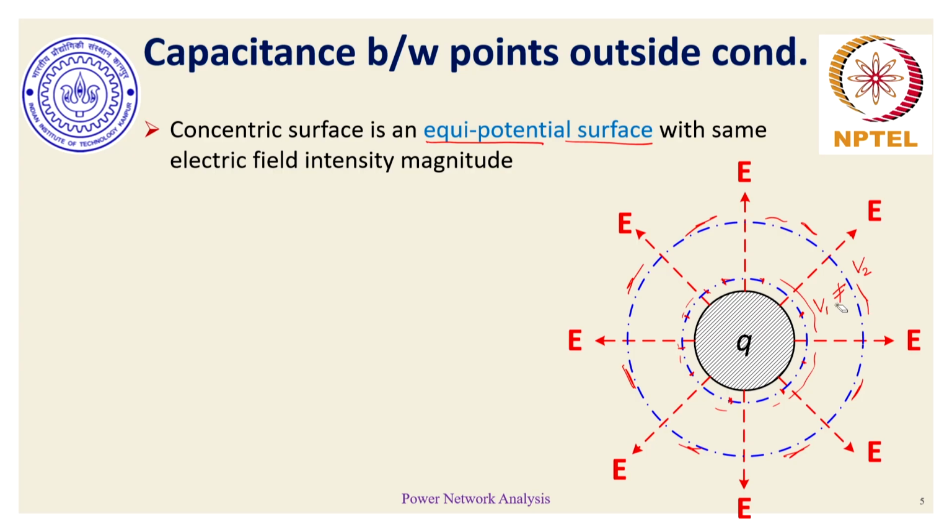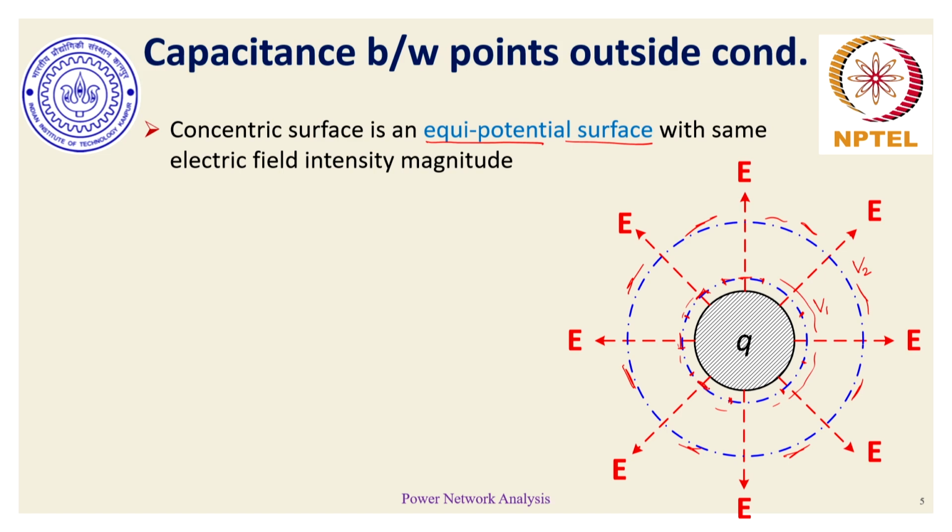The reason why these potentials are uniform, or the surfaces are called equipotential surfaces, is because they represent surfaces which are orthogonal to the electric field lines.